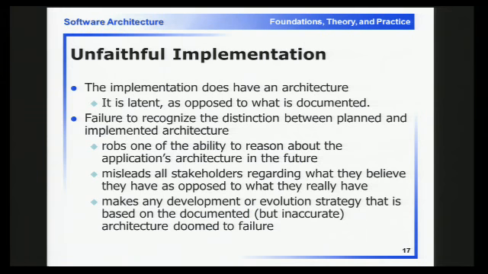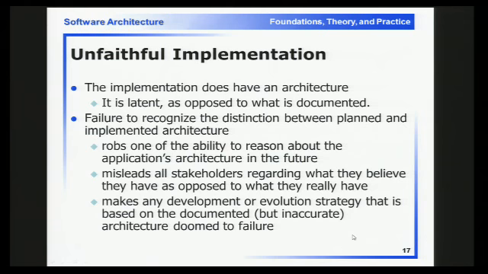But if your implementation is unfaithful to the architecture, how can they accurately assess the feasibility and the compatibility of the new feature against the existing features, right? So it will provide a lot of misleading information for all the stakeholders, including end users, customers and developers, regarding what they believe and what they have seen.